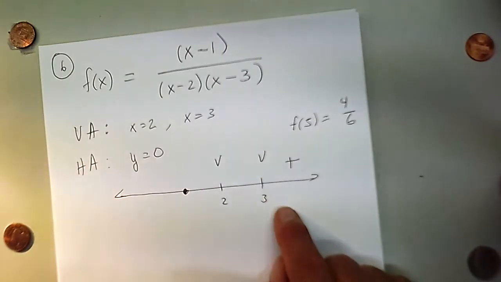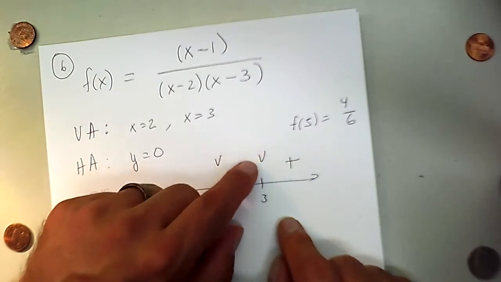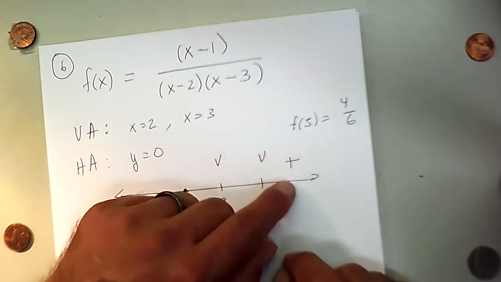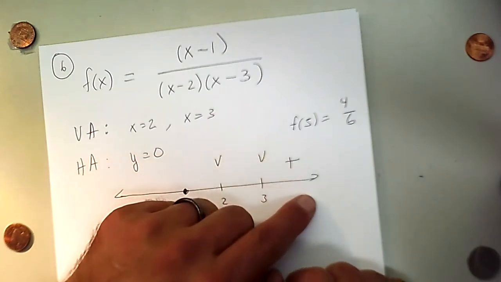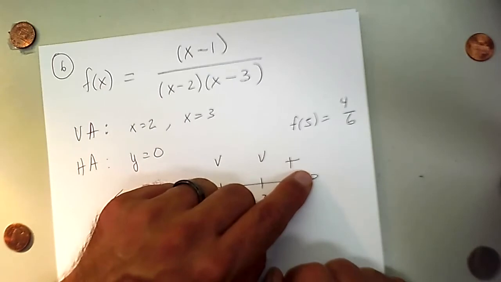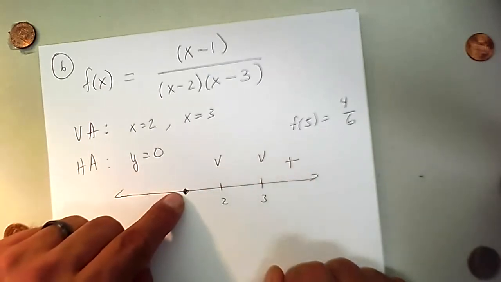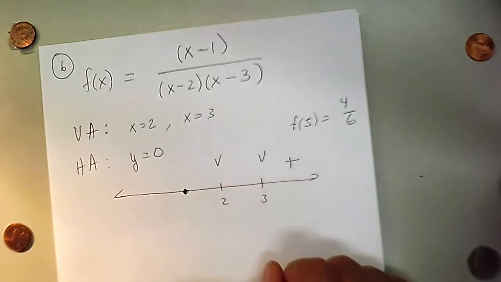The reason is because the function will be continuous past the 3. If the function was ever negative, because of continuity, we would have to cross the x-axis, which means we would have to have an x-intercept, but the only x-intercept is over here on the left. So we don't have anything there.